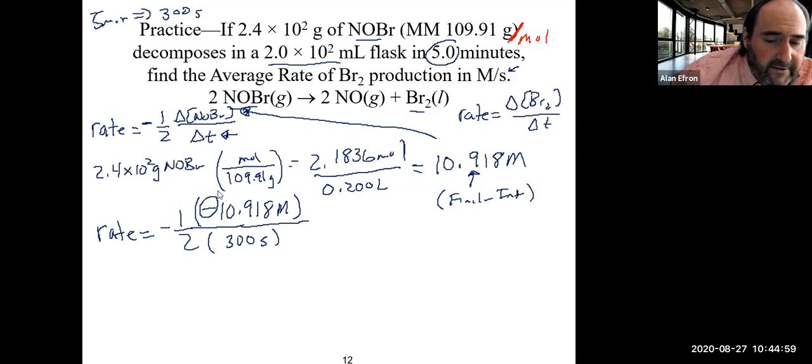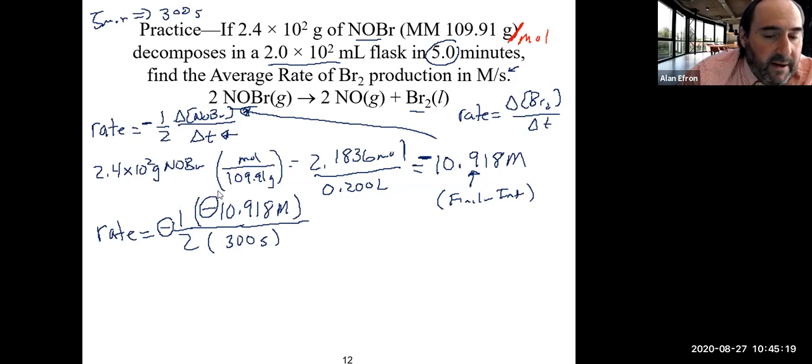And since our final should be less than our initial, we know that this is going to be negative in terms of how it is changing. And that's important because the negative here and the negative here will give us a positive rate, which is what we're looking for when we figure out the average rate.